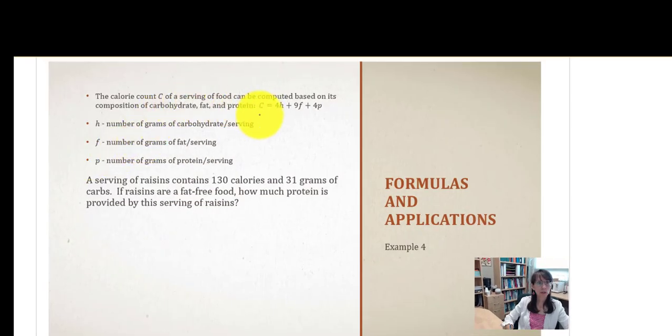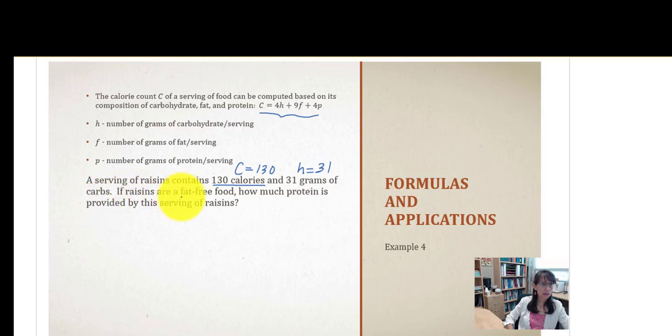We're going to use the same formula, but this time we're given different information. A serving of raisins contains 130 calories. So this time we're given the calories. C equals 130. 31 grams of carbs. So H is 31.